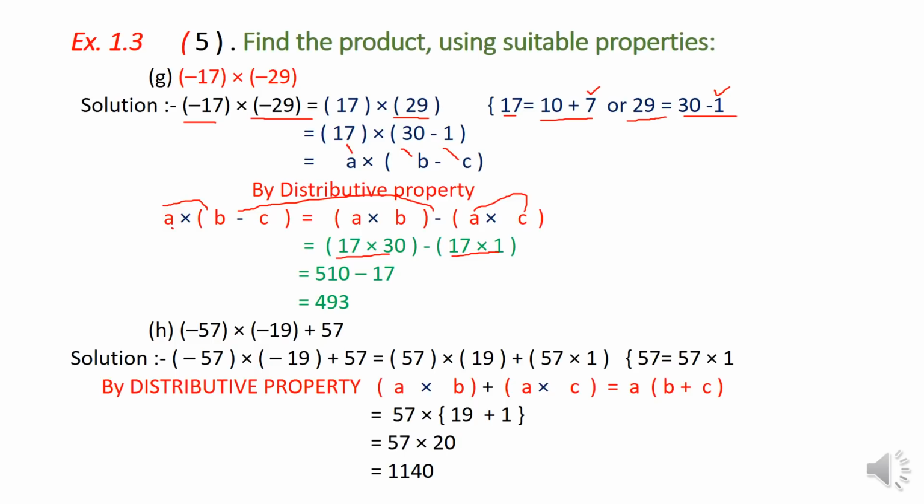So, 17 multiplied by 30 will become 510, and 17 multiplied by 1 will become 17. So, the answer you will get here is plus 493.